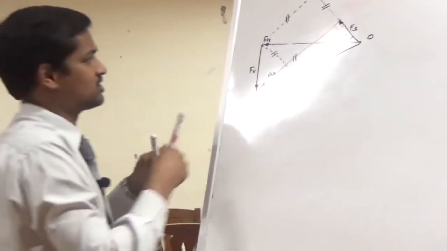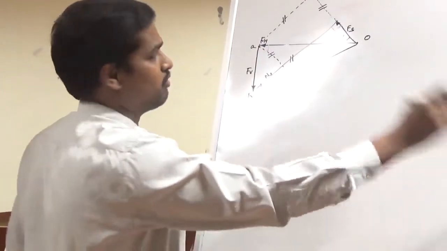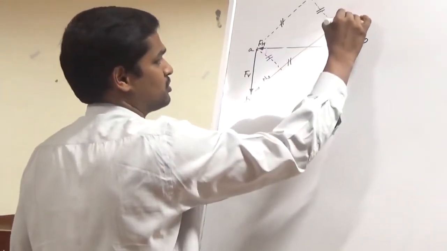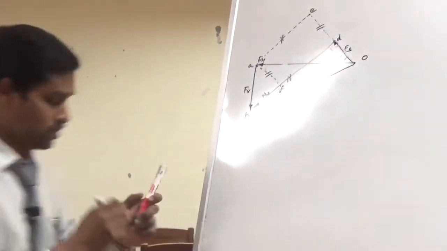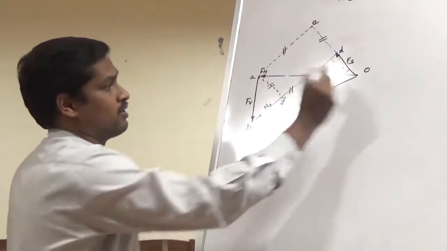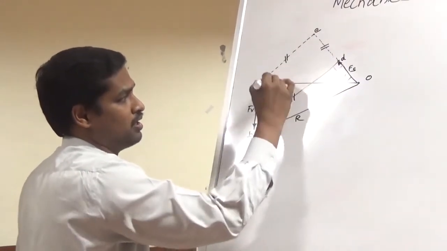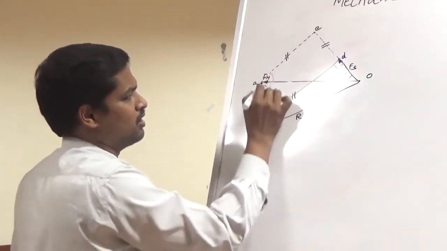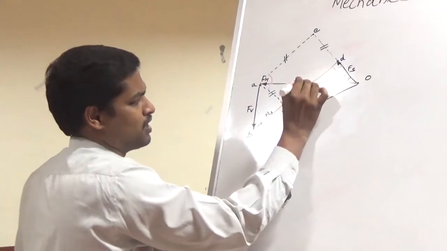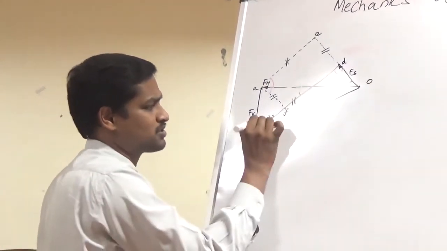For convenience, I am naming this A, B, same notations that were used here, and of course this is D, so new notations E and F. If this is pi, this will be 90 and 90 minus pi. If this is 90 minus pi, 90 degree, this will be 90 minus pi. Again this is pi.